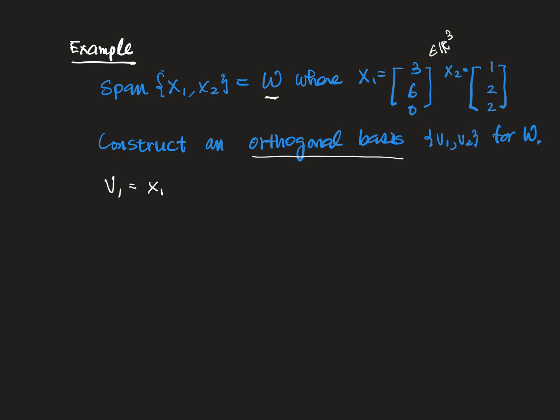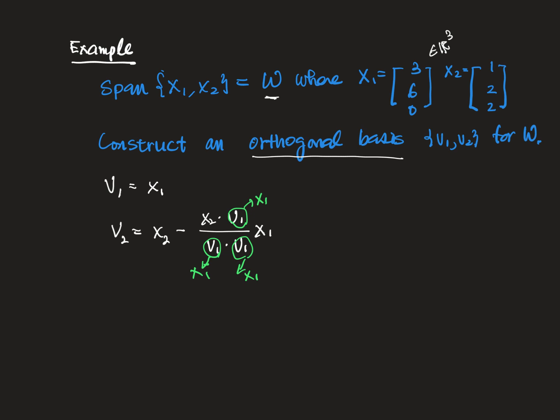Let's go to v2. What is v2? v2 is x2 minus (x2 inner product v1 over v1 inner product v1) times v1, but v1 is x1, so these all become x1.